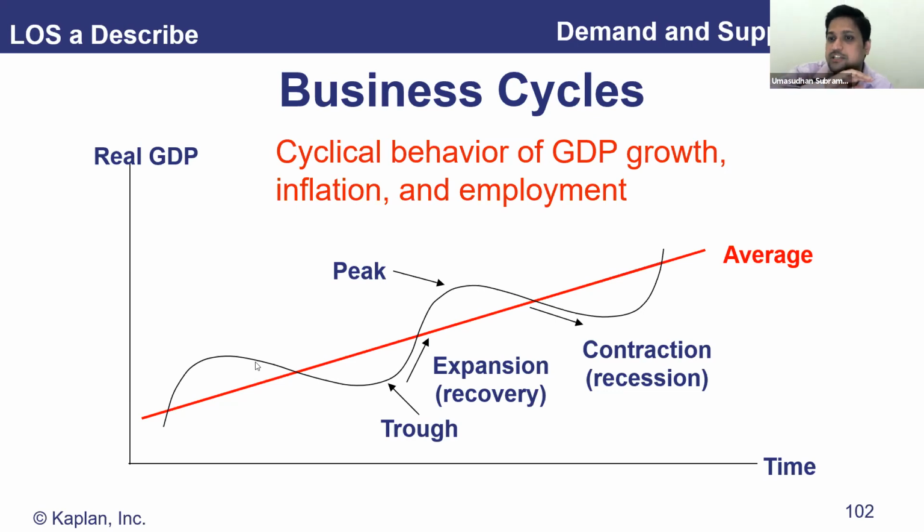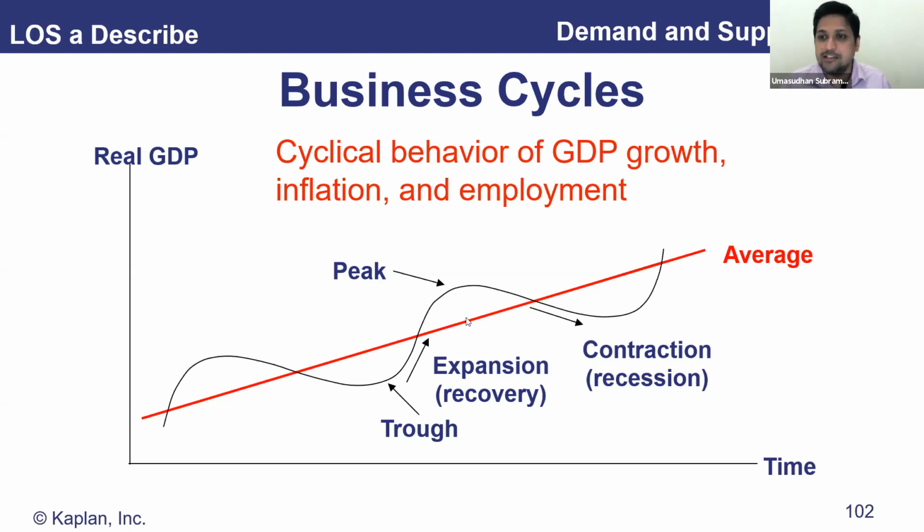Over time, your real GDP tends to go up as you improve your productivity, but within each time period, sometimes people say economic cycles run into decades. There are different theories about the size of one economic cycle, how many years it is, but at the end of the day, what I want you to understand is that once an economy goes up, it will come down. When it comes down, it will recover.